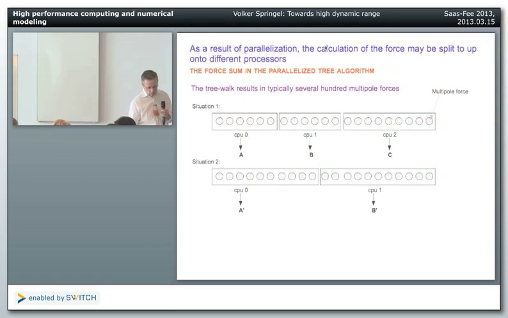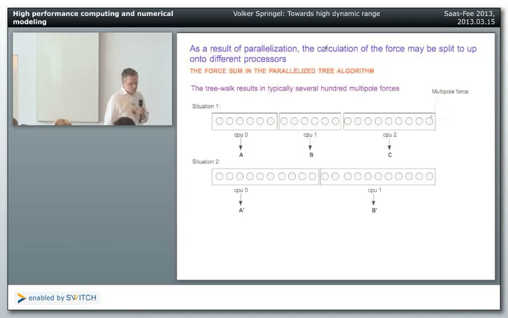If you then go to maybe another situation where you have fewer processors, you will make a different domain decomposition. The set of multipoles you have will still be the same. In fact, all the circles will have exactly the same value because it's the same coordinate and the same multipole moment. But now processor 0 adds up this set and processor 1 adds up this set.